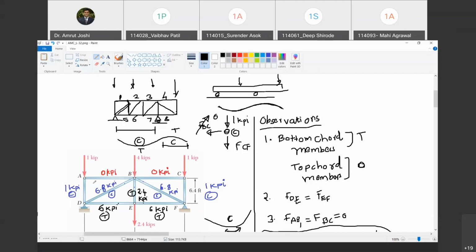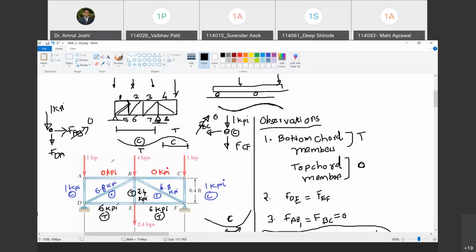Happy? Yes, sir. Similarly, how does the free body diagram of joint A look? Force in member DA. Happy? Yes, sir. Force in member AB, and this one KPI. Are there only 3 forces? Yes. Out of which are 2 collinear? Yes. So the force in the third member must be 0.